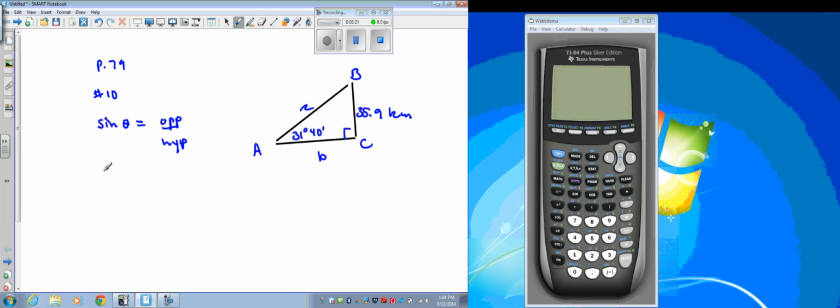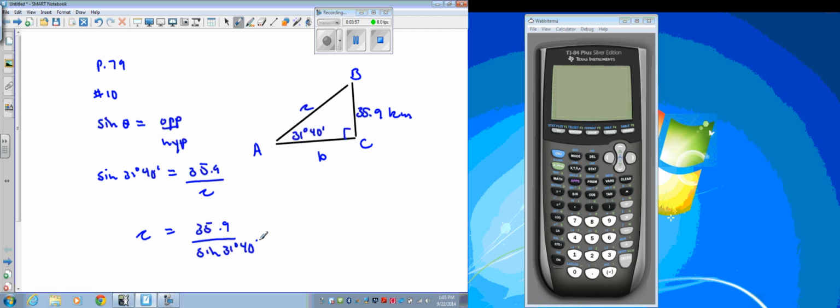So the sine of 31 degrees, 40 minutes, is going to equal 35.9 over C. And then we want to solve for C. So we multiply both sides by C, so we'll get C equals 35.9 over the sine of 31 degrees, 40 minutes.